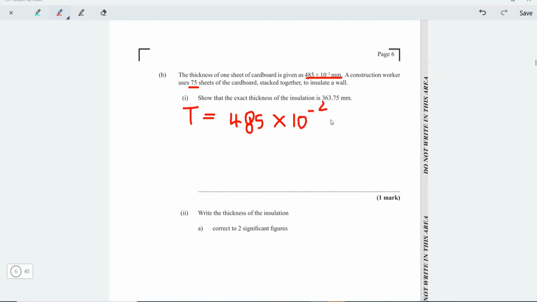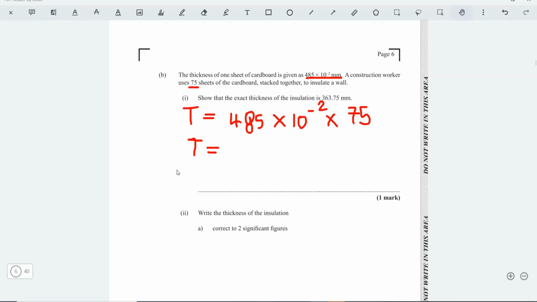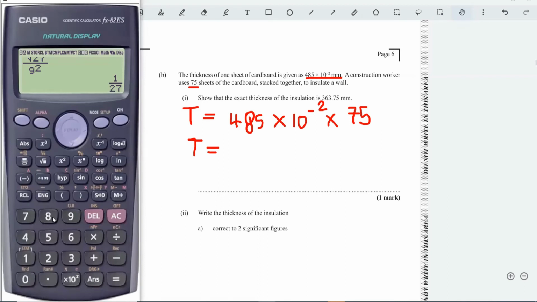I'm just going to take out my calculator: 485 times 10 raised to the negative 2, and then we multiply that by 75.